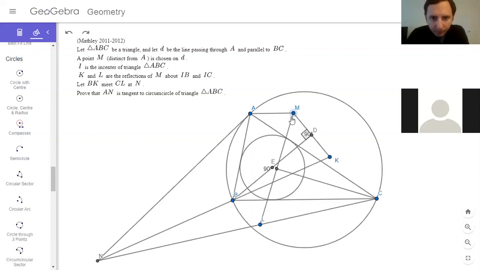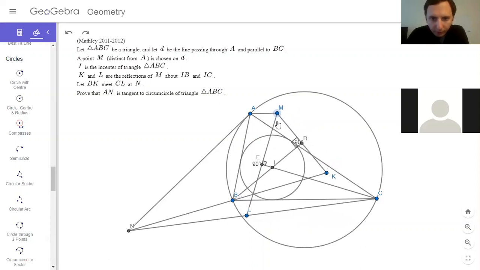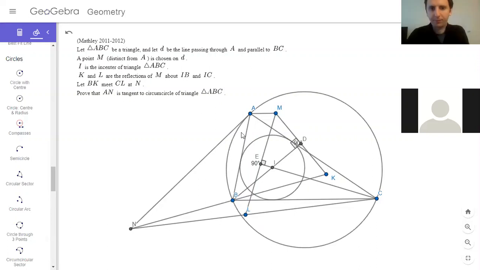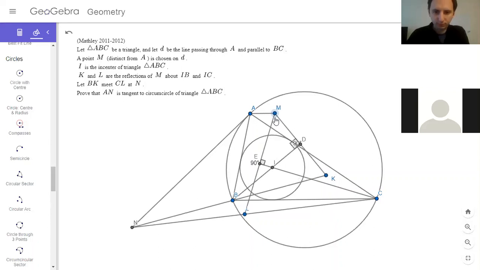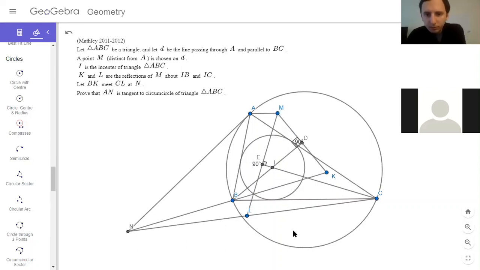Try moving. So basically, if I move M around, interesting.